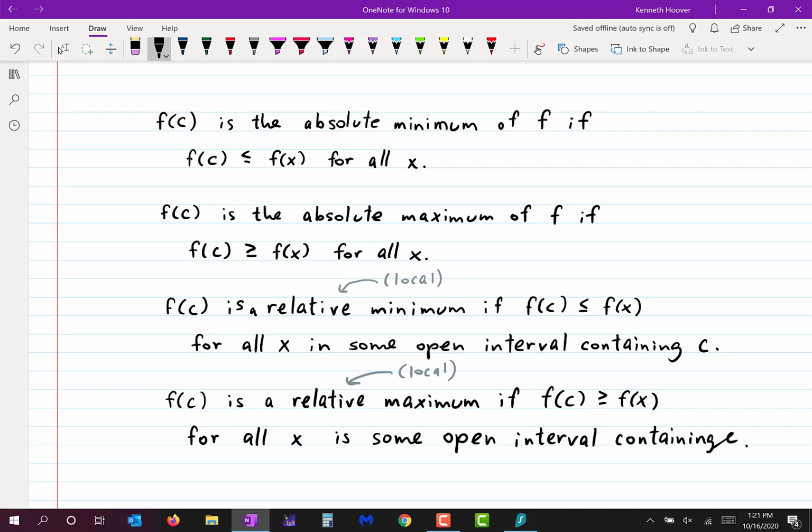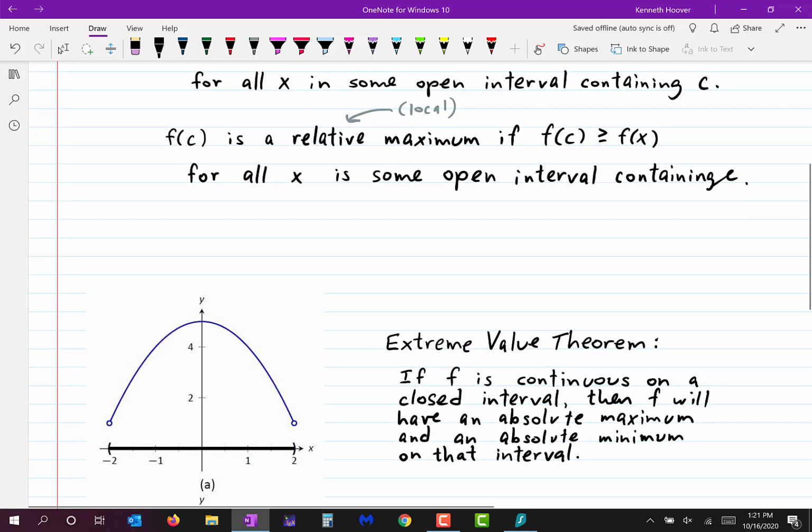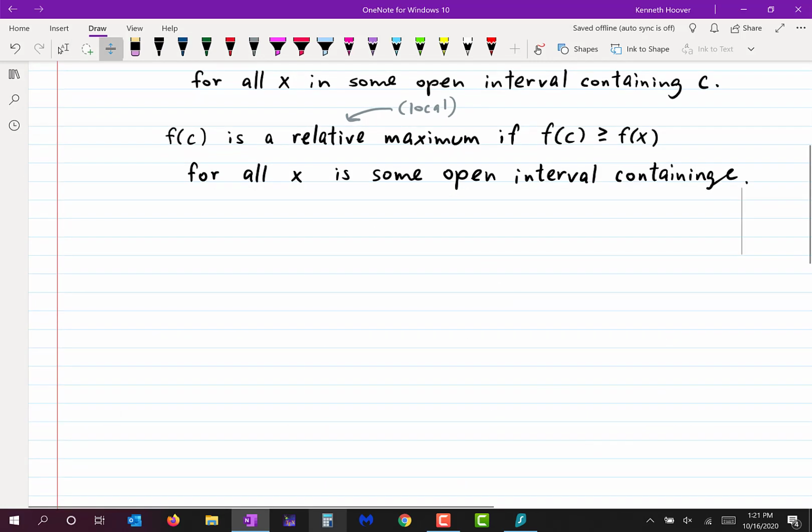Okay, let's look at a picture to see what that must be trying to say.